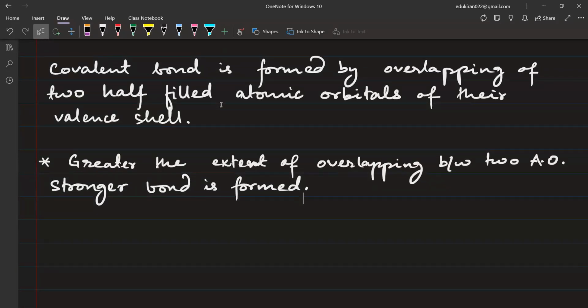So how should there be effective or good overlapping? Please write the next point.